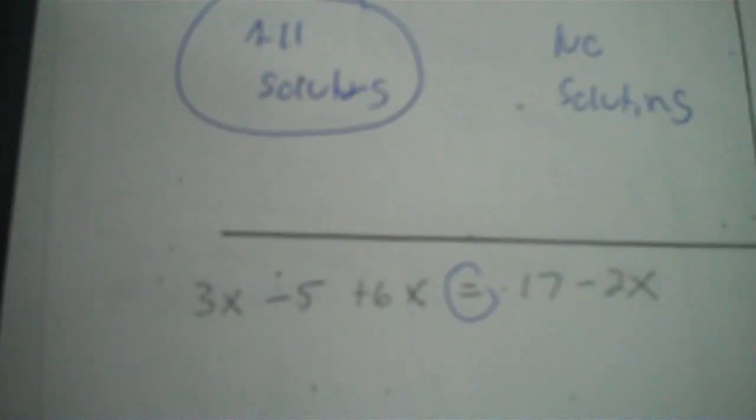Okay, next one, we don't have to distribute, but we have like terms of x. And they're on the same side and on opposite sides. So when that happens, I combine the two on the same side to form 9x and then minus 5.